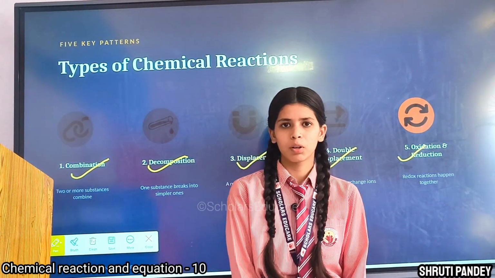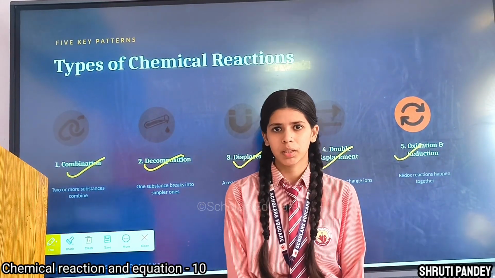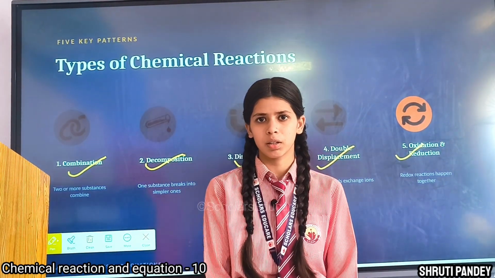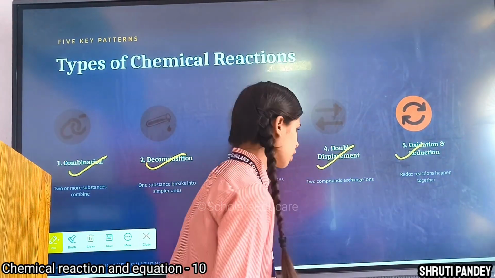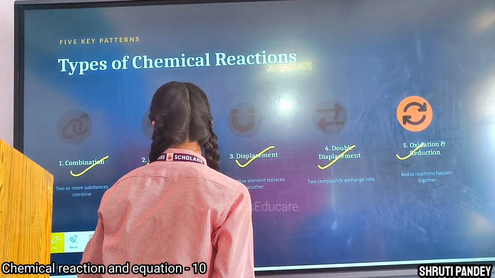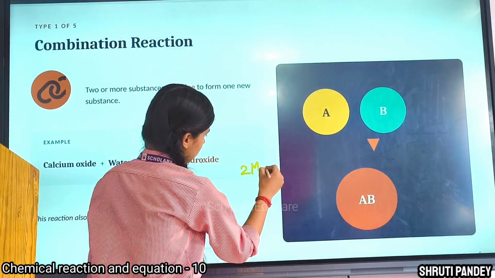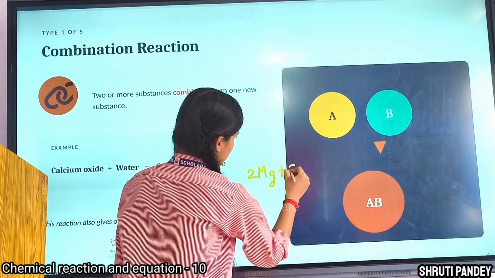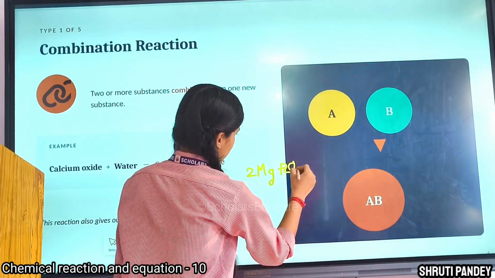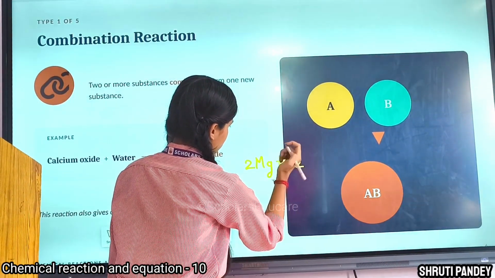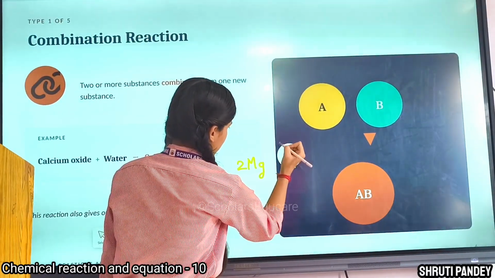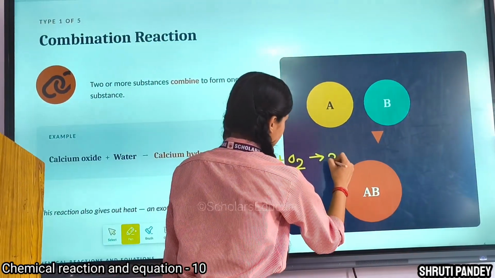The reaction in which 2 or more substances combine to form a single substance is called combination reaction. Let's understand with example. For example, magnesium and oxygen combine to form magnesium oxide.